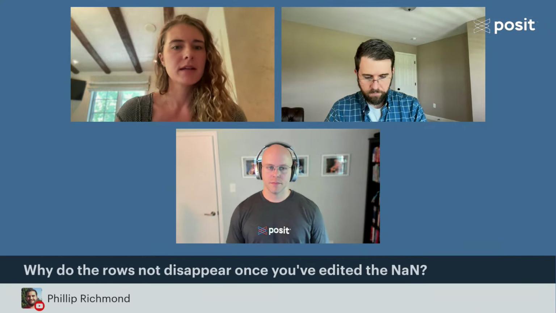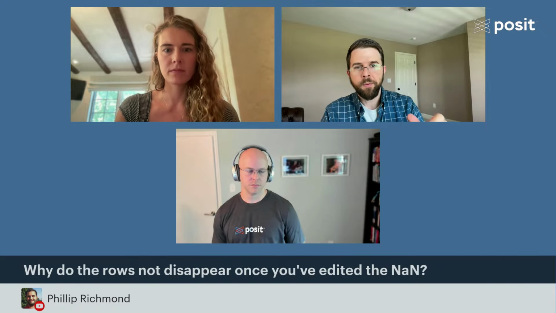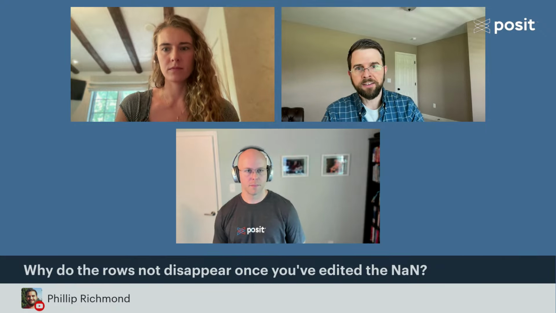I see Philip asked a question during the demo, and it was, why do the rows not disappear once you've edited the NA? That was the way I designed the app. So the filtering step, the way I wrote it, will only react if you change the text box of what the missing value is.